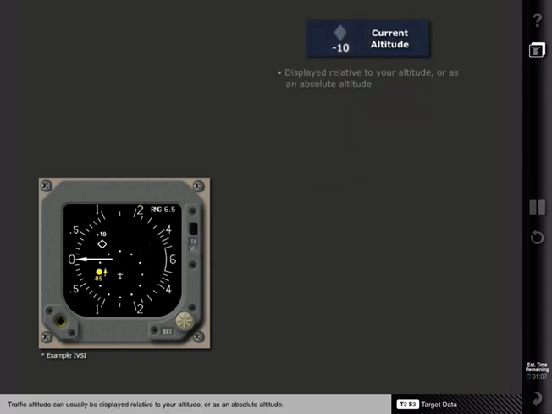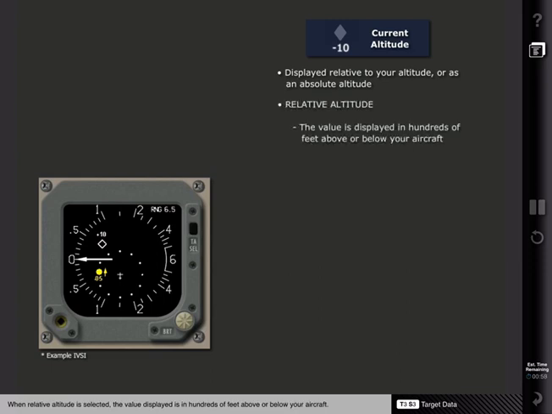Traffic altitude can usually be displayed relative to your altitude or as an absolute altitude. When relative altitude is selected, the value displayed is in hundreds of feet above or below your aircraft. A plus or minus sign indicates if the target is above or below your altitude.